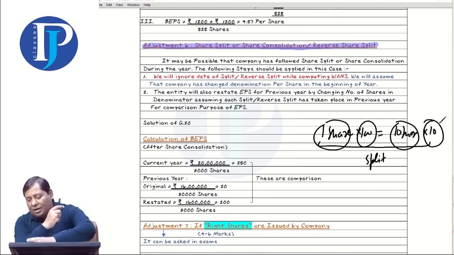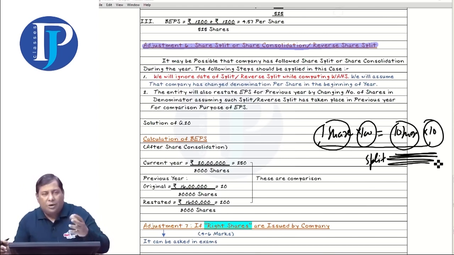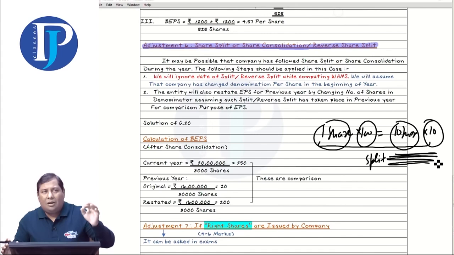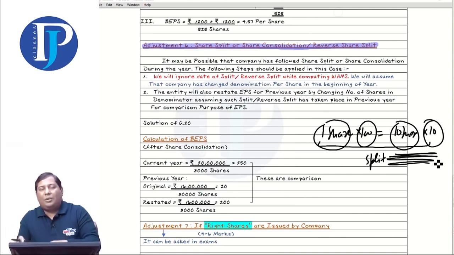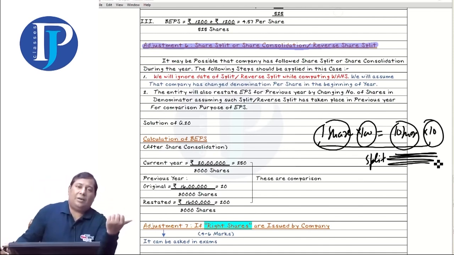So what will we do? We will assume that these 10 shares which are splitting, they are splitting off in the beginning of the year. No need to apply the time factor. Time factor means that if it is July, don't do 9 by 12, 6 by 12 in October, as it is non-cash. Consider this 12 by 12 logic. Bonus share logic. And one more thing: in last year also, you have to consider the share split in the denominator.